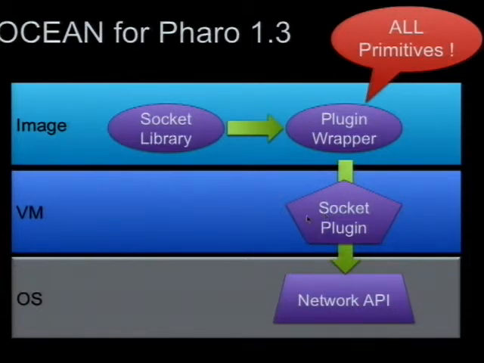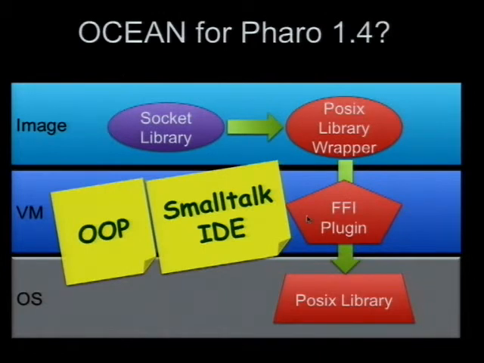The next step we want to go beyond is to explore a plugin-free implementation. Actually, this is where our work started. We started by implementing a wrapper for the POSIX library, and we relied on FFI, which was presented yesterday by Igor, to access the POSIX library.